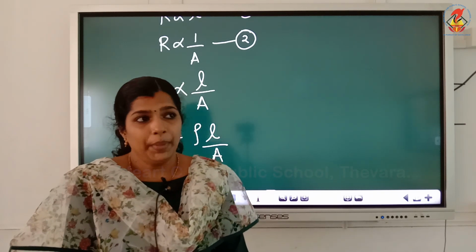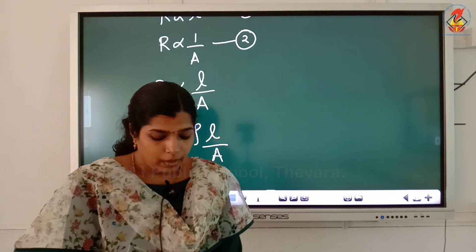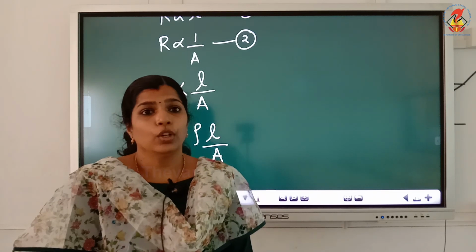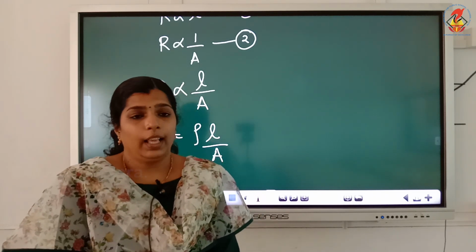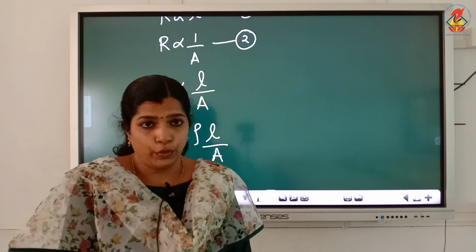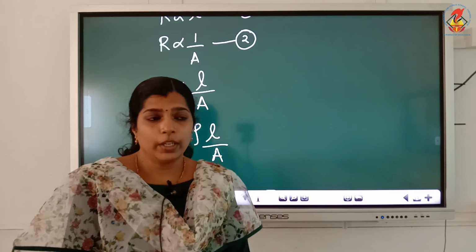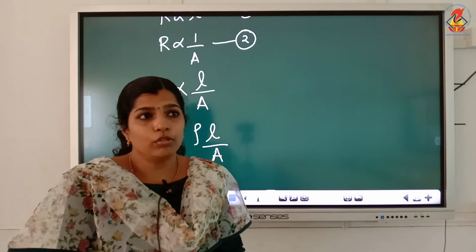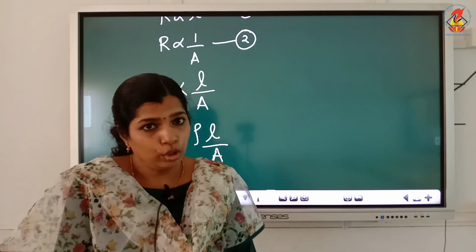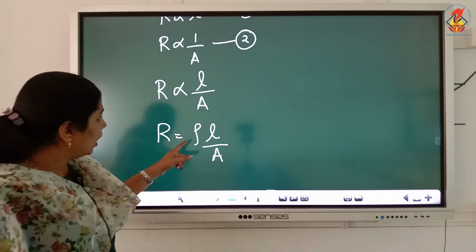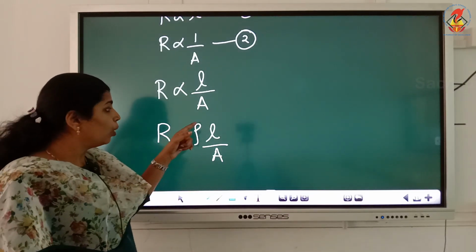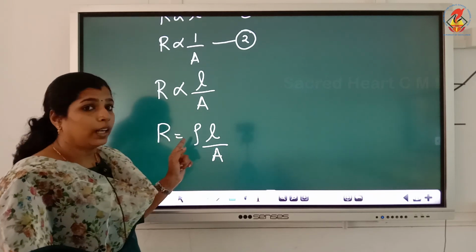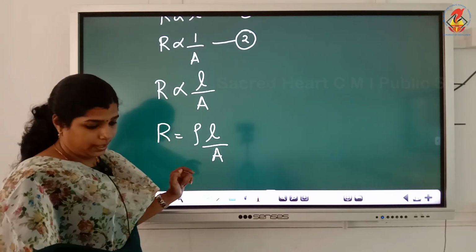Resistivity means the ability of the conductor or substance to resist electric current flow. Resistivity is the ability of the substance or the conductor to resist the flow of electric current through it. So, R is equal to rho L by A, where rho is known as the resistivity of the conductor.